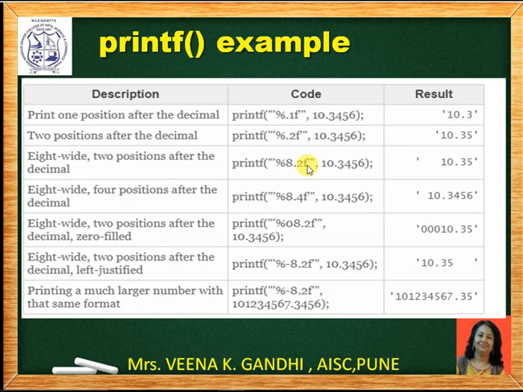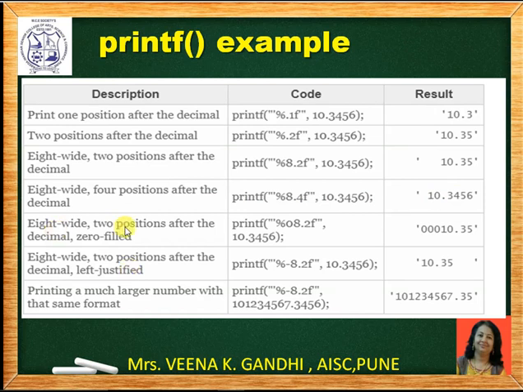So 10.3456 will be printed as 10.35 because 4 is rounded to 5, and before 10 it adds blank spaces because 10.35 is shorter than the width 8, so it adds blank spaces in front of 10. For 8 wide and 4 positions after the decimal point, you can give %8.4f. So you can see here after the decimal point 4 places are printed.